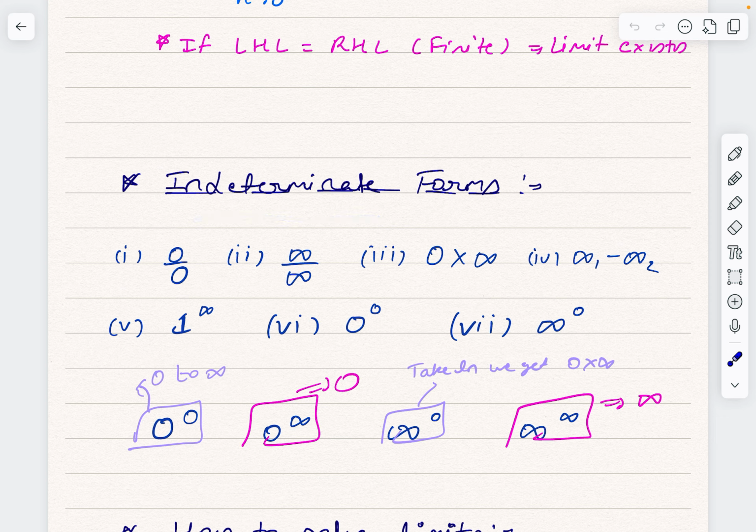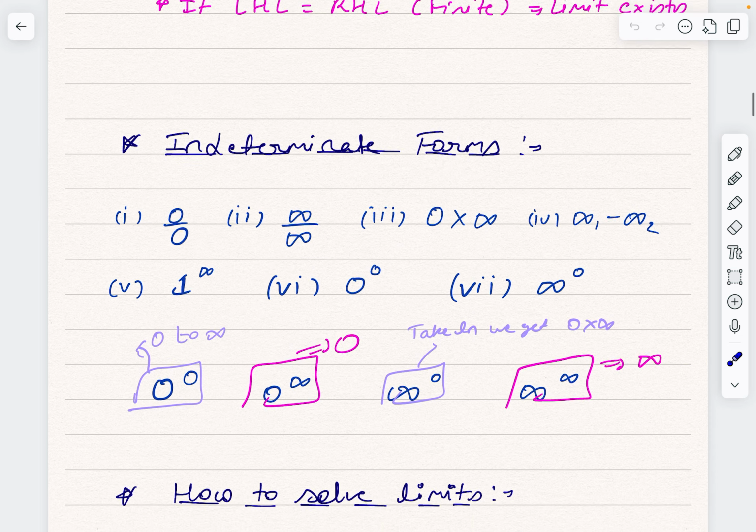Indeterminate means where we cannot determine the value. Undefined we use for infinity, where we say it is a very large number, which cannot be defined. So remember, these are the 7 indeterminate forms. 0 power infinity, infinity power infinity are not indeterminate form. Okay, this will be important. We will see the next point.